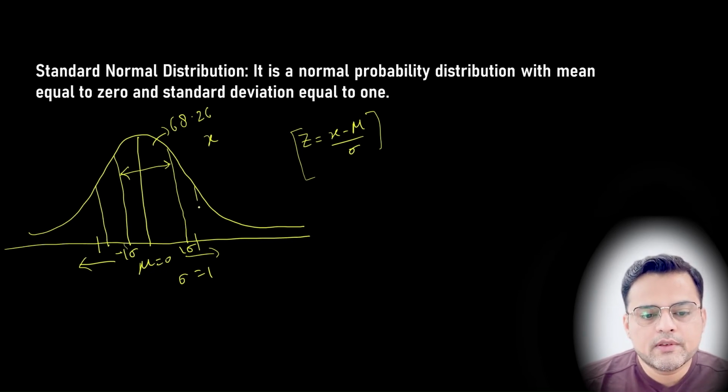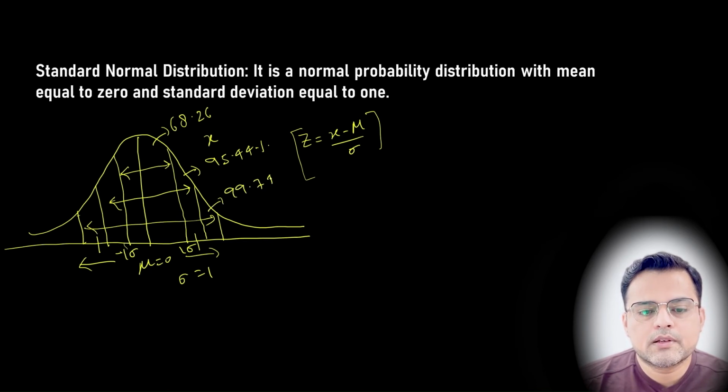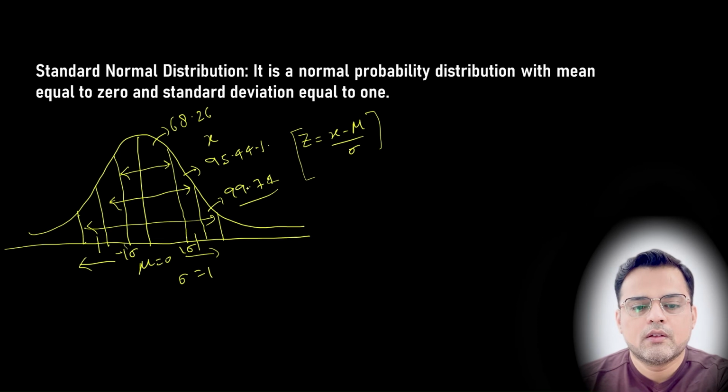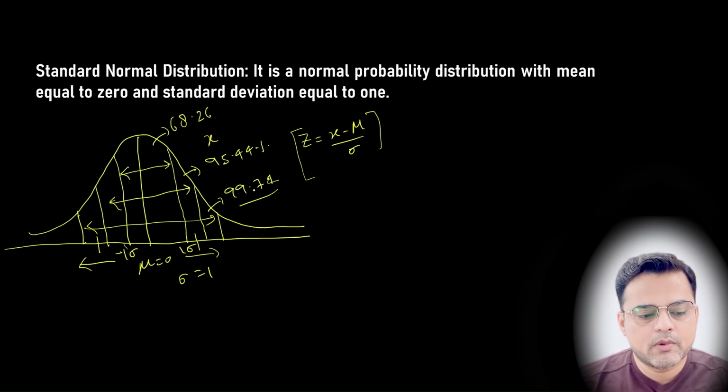Within two standard deviations from the mean on either side, there is a 95.44% probability that the random variable will lie. And within three standard deviations, there is a 99.74% probability that the random variable will lie within this region. That is the empirical rule for standard normal distribution.